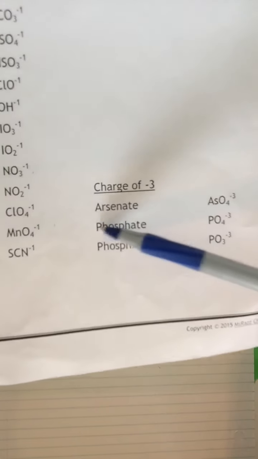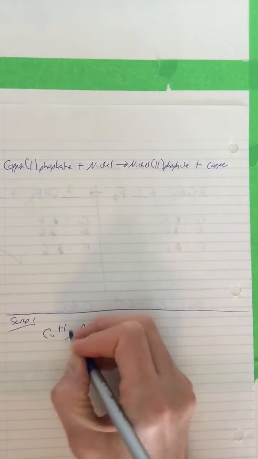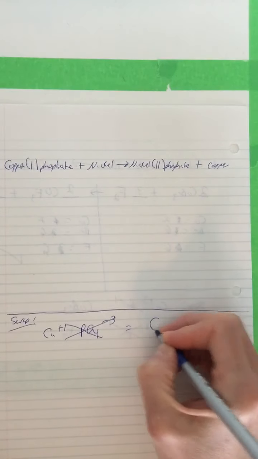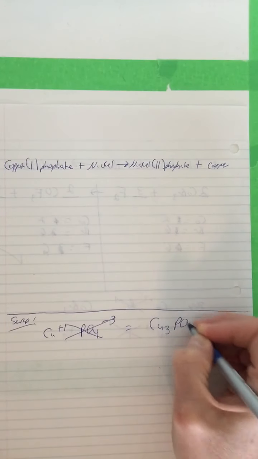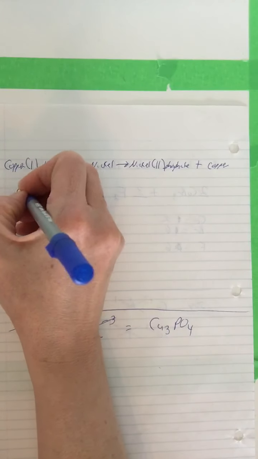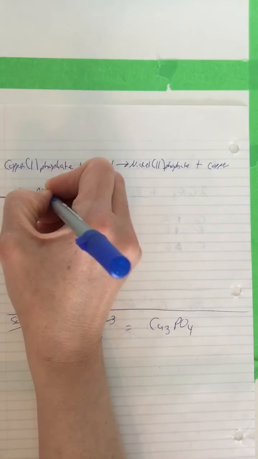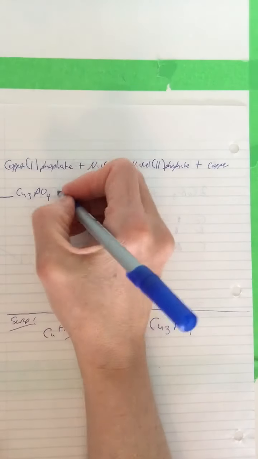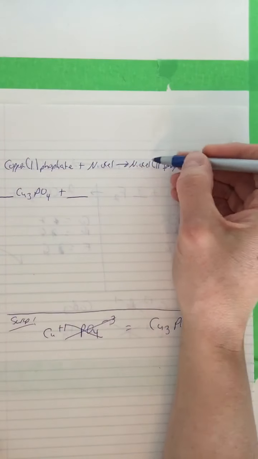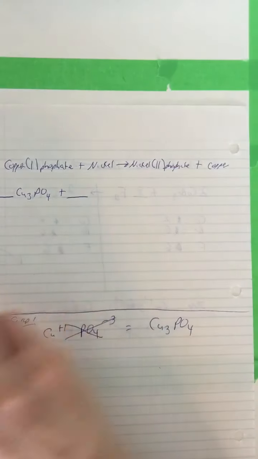PO4 minus 3, phosphate. PO4 minus 3. We do a crisscross, and we get Cu3PO4. All right? So I'm going to put a blank Cu3PO4.